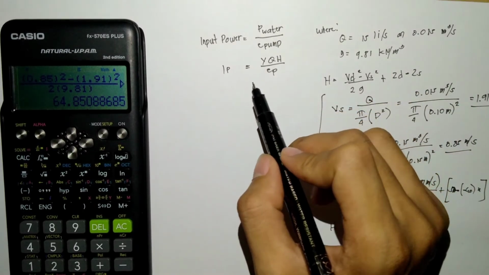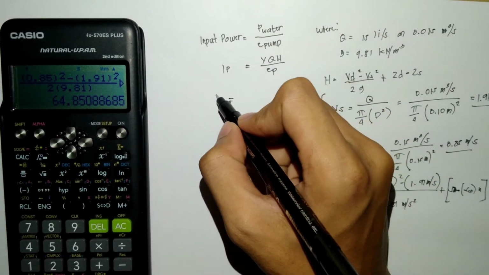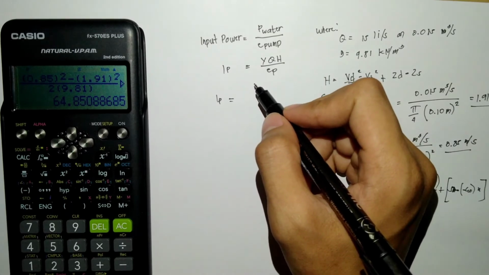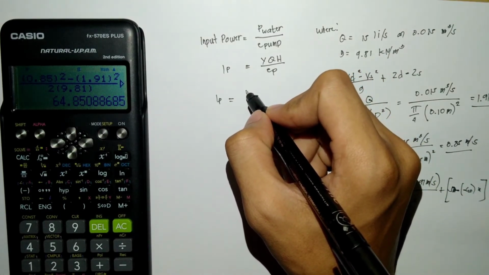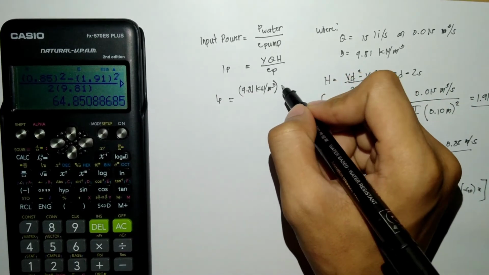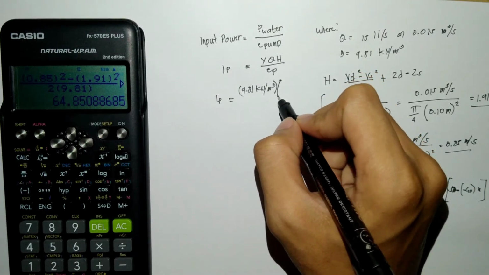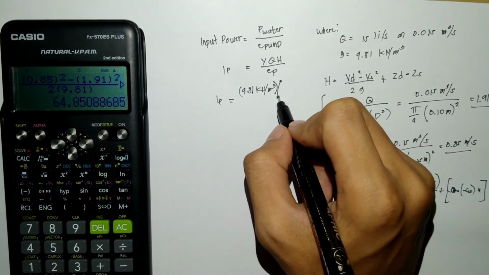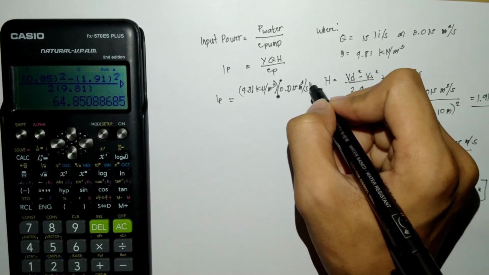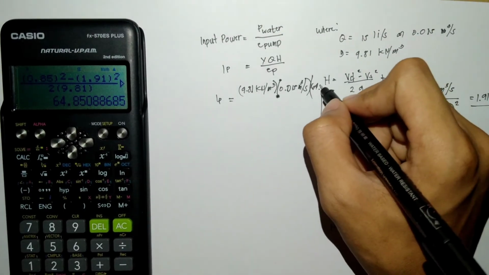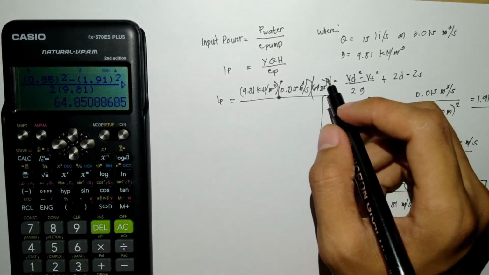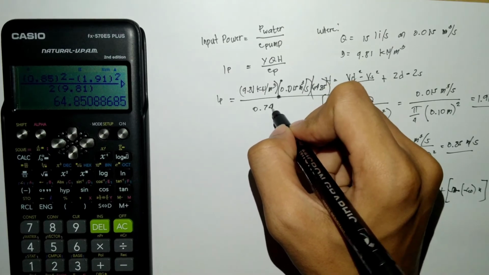So let's proceed to the input power. Substitute: input power is equal to specific weight, which is 9.81 kilonewton per meter cubed, times the volume flow rate, which is 0.015 meter cubed per second, times 64.85, all over the pump efficiency, which is 74% or 0.74.